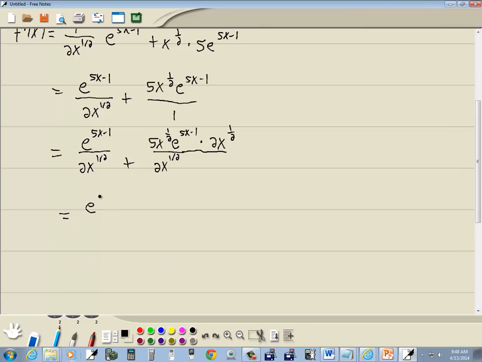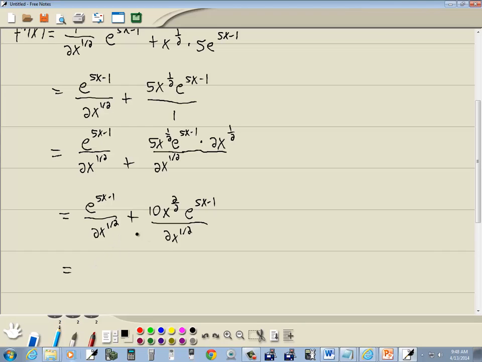So we're going to have e to the 5x minus 1 over 2x to the 1/2 plus 5 times 2 is 10. X to the 1/2 times x to the 1/2. Since they're both x to a power, you add the exponents. 1/2 plus 1/2 is 2/2. And then e to the 5x minus 1 over 2x to the 1/2.